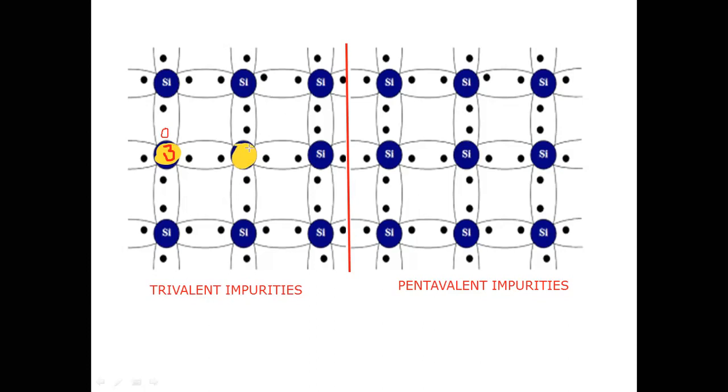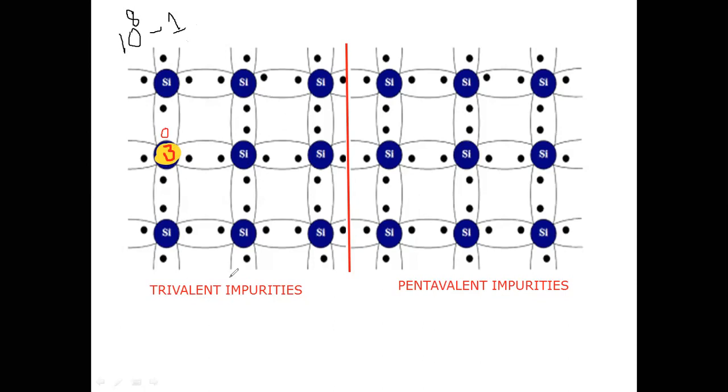As for the impurity concentration, generally for every 10 to the power of 8 silicon atoms, only one impurity atom is added, which is trivalent here.